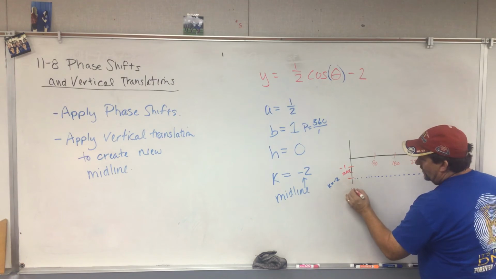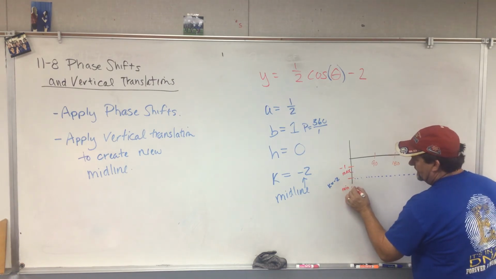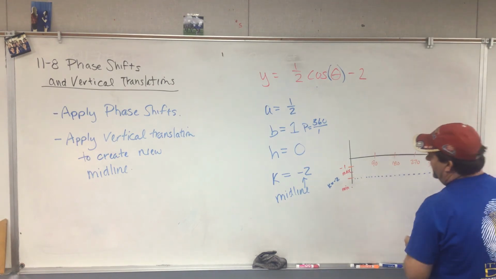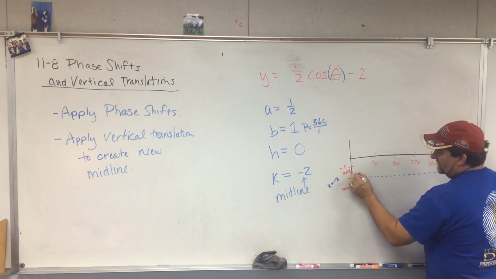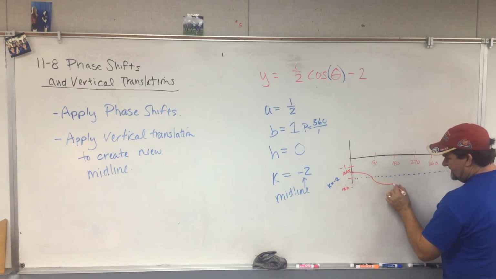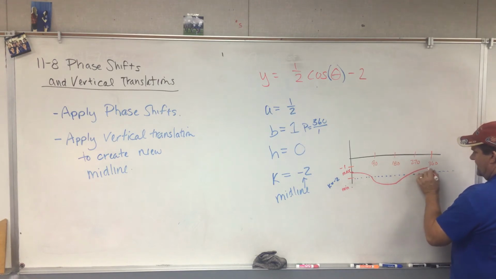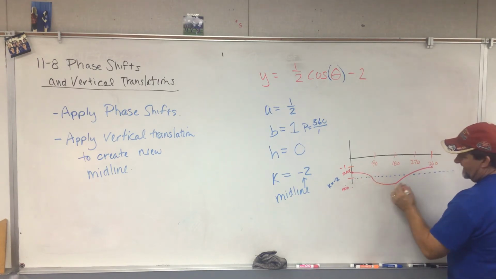And I'm going to go down 1/2. And that's going to be my minimum point. And so the shape of the cosine graph starts up, goes to the midline, down to the bottom, minimum, up to the midline, and over to here. So it still has the same shape.